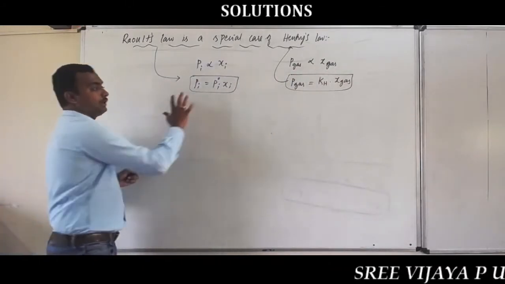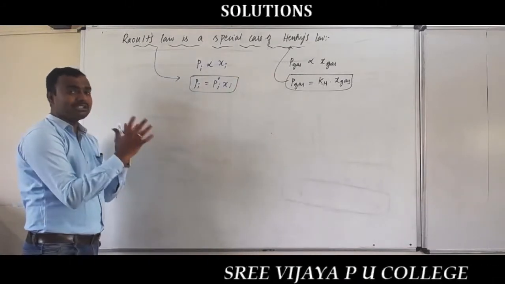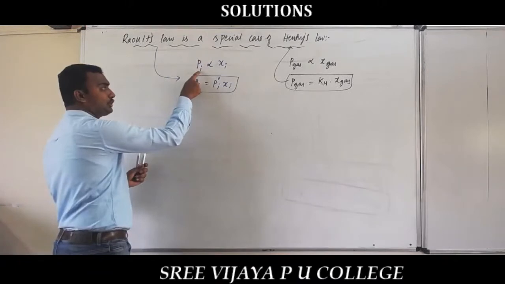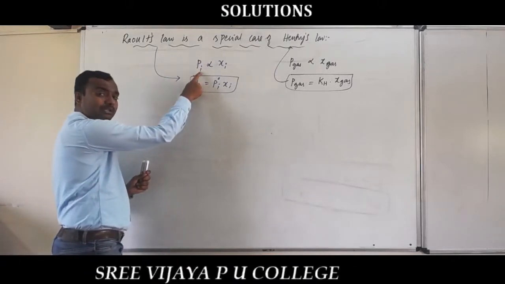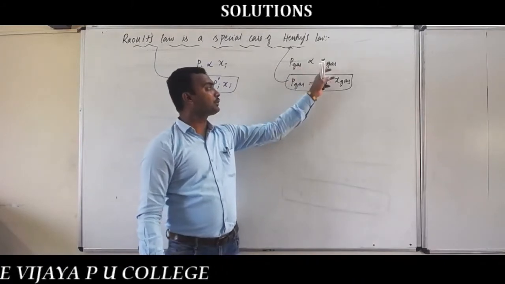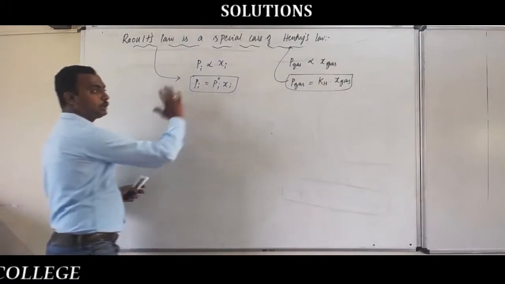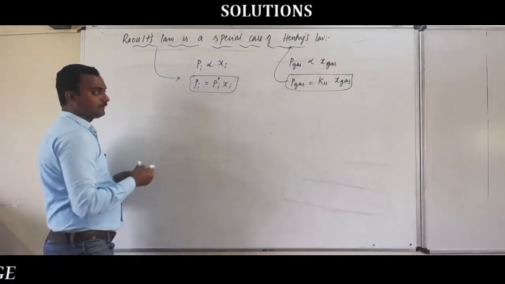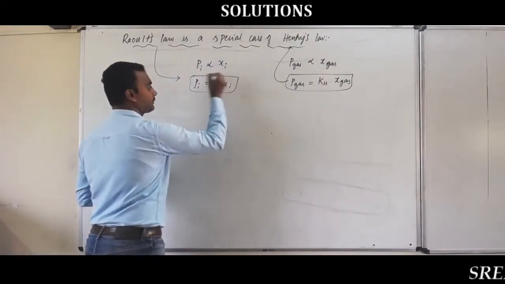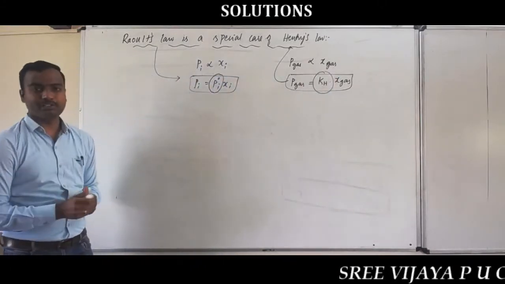So when you compare these two laws, Raoult's law as well as Henry's law, the statement is same, that is the partial pressure of component, liquid component, or partial pressure of gas is directly proportional to their mole fraction. So only difference is, ಇವೆರಡನ್ನು ಕಂಪೇರ್ ಮಾಡಿ equation ನ, only difference is the proportionality constants. Only differing in the proportionality constant.